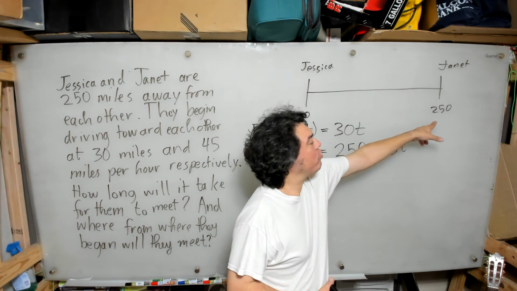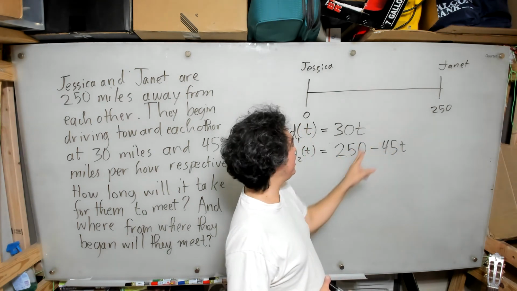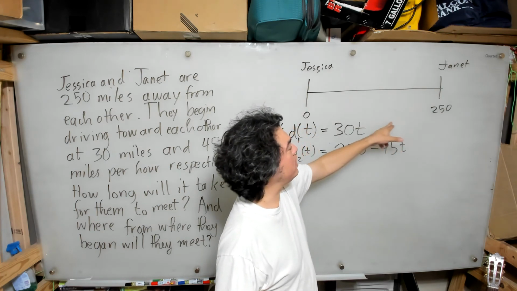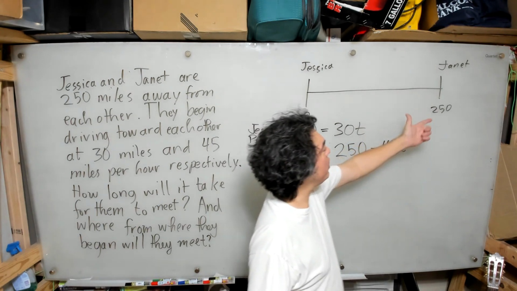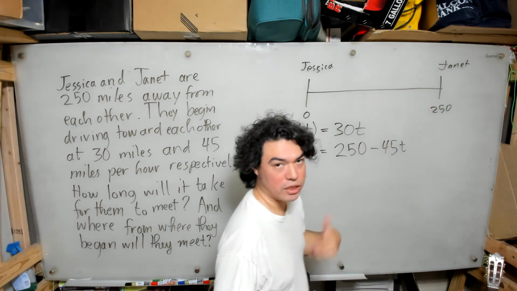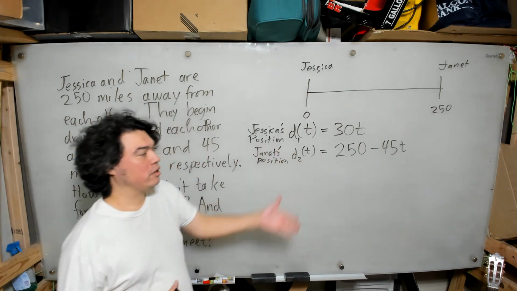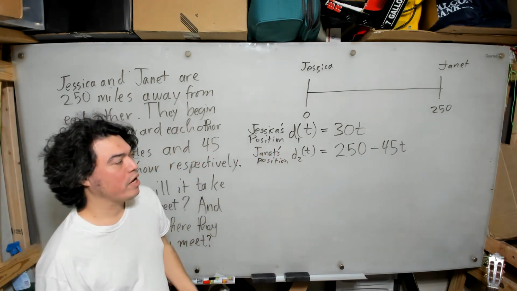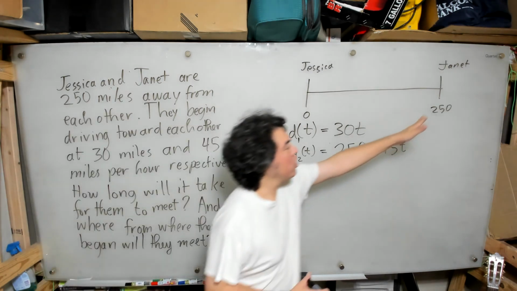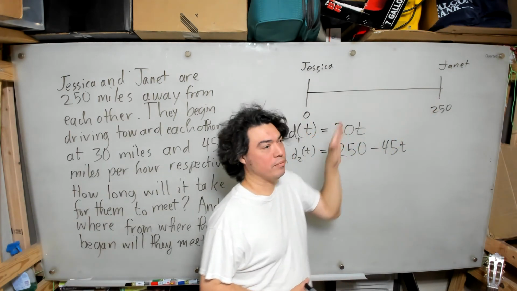Janet is driving this way, so we remove 45 times T from 250 for T hours. 250 minus 45T will be her position along this line for T.